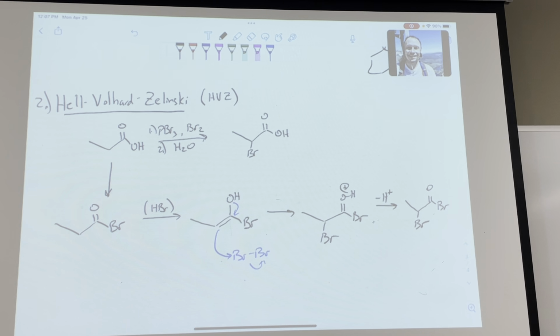What do you think the water is doing in this reaction? If you just add PBr3 and bromine, you end up getting to this place right here. What is the water going to do?